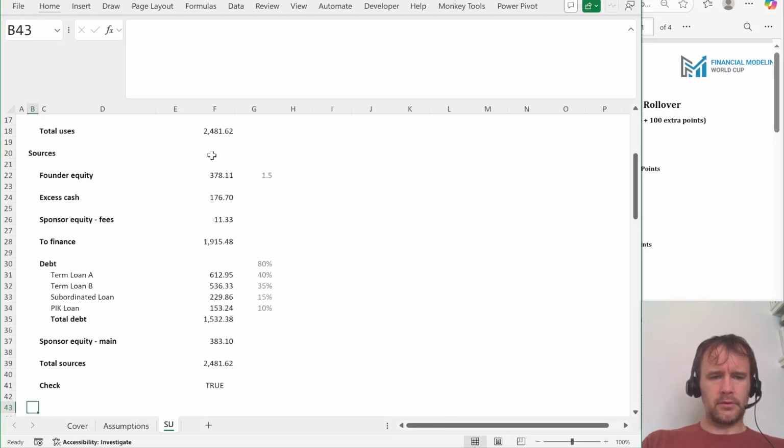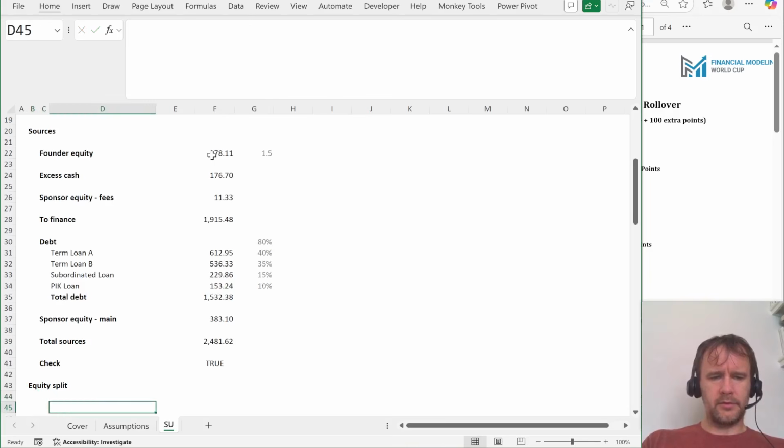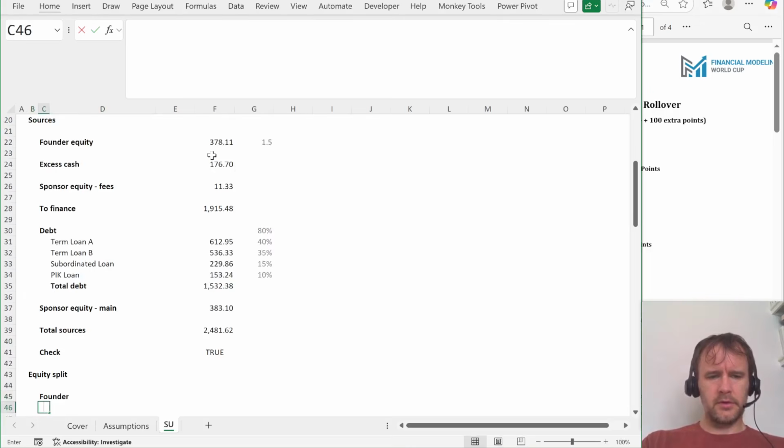And then I also want the equity split after. Actually, no, let's do before and after. So I want the founder, sponsor. So before, after, and sorry, I guess it should be founder and others because it's not the sponsor before.